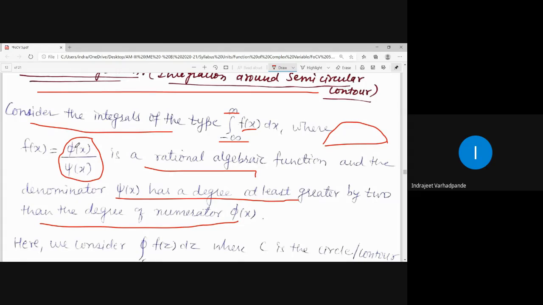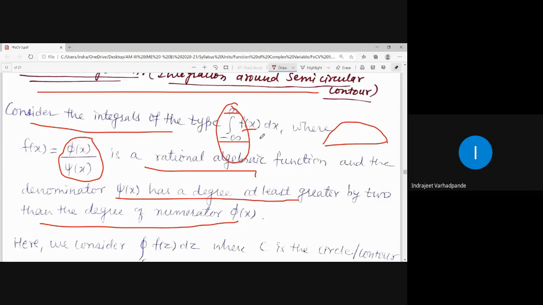The Cauchy residue theorem, as discussed earlier many times, is usually used particularly for contour integration around a unit circle and contour integration around a semicircular contour. So here you have to see that the limits of integration should be minus infinity to infinity and the question should appear in the form of x.